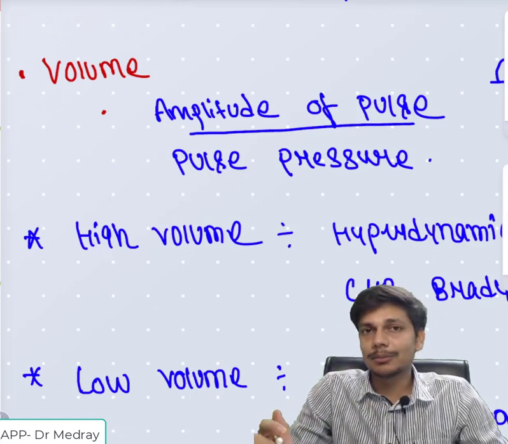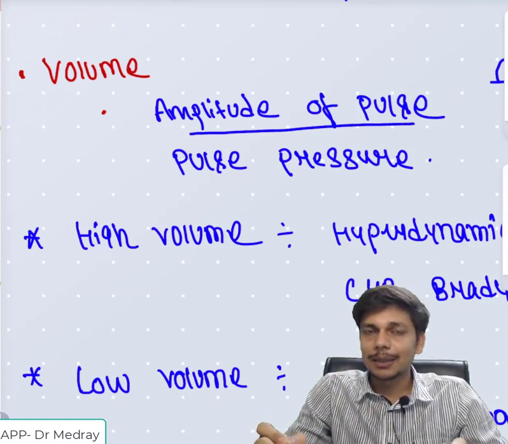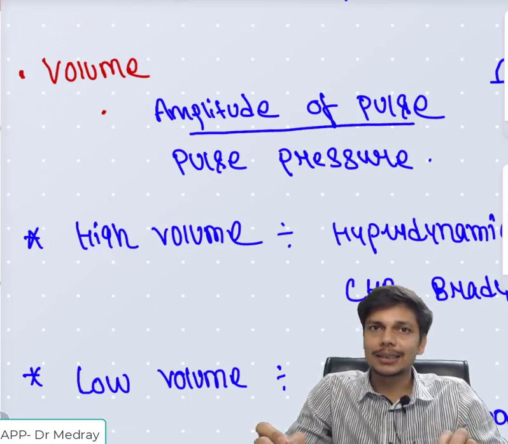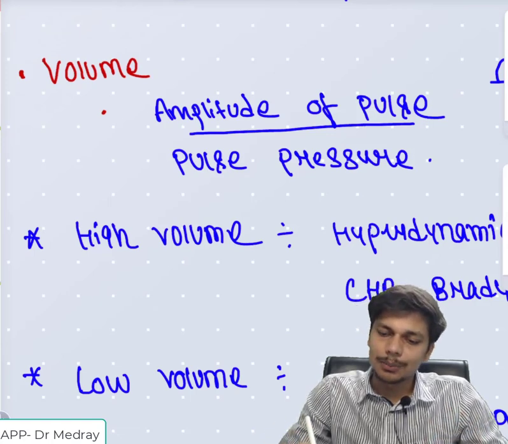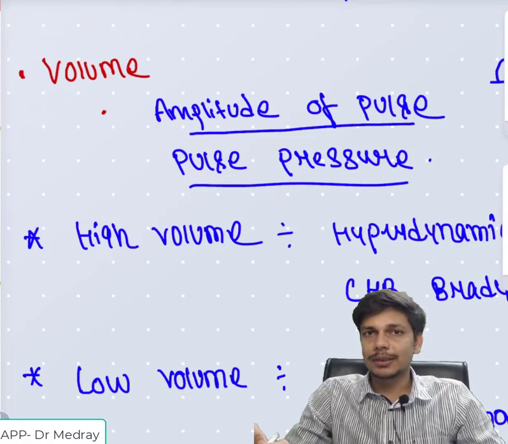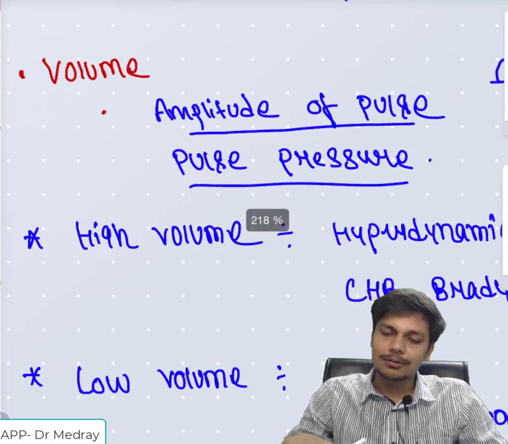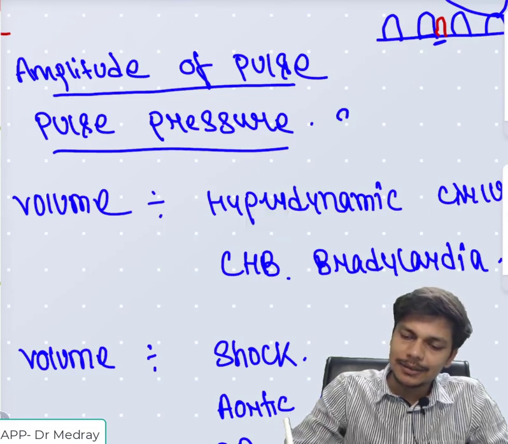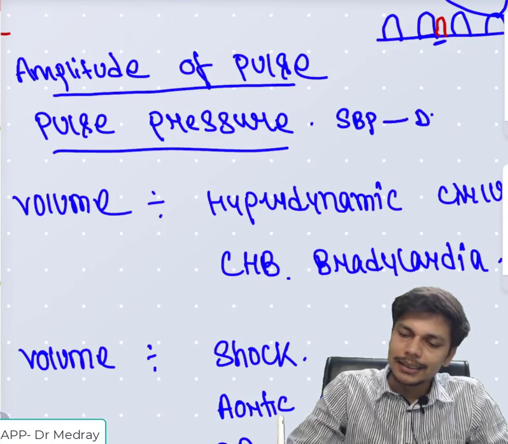Volume signifies the amplitude of the pulse, or the amount of blood reaching the artery, and that is the volume of the pulse, or the pulse pressure. So if there is more volume, the pulse pressure is high. What is pulse pressure? Pulse pressure is the difference between the systolic blood pressure and the diastolic blood pressure.